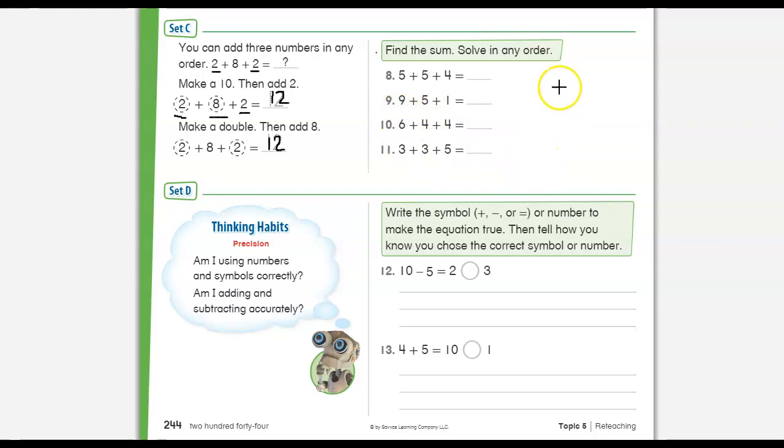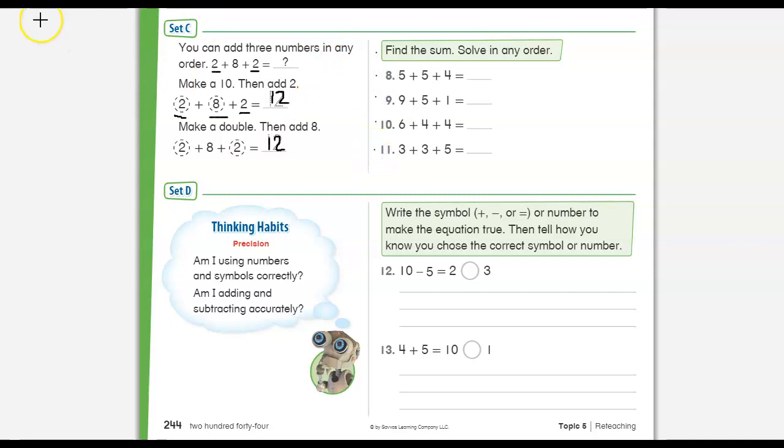So now it's a good time to go ahead and pause the video so that you can work on numbers 8, 9, 10, and 11. We're just adding 3 numbers. You're picking 2 to add together first, then adding your third number. Write your answer in the blank once you have found your answer. Again, now's a good time to pause the video so that you can work on these problems.